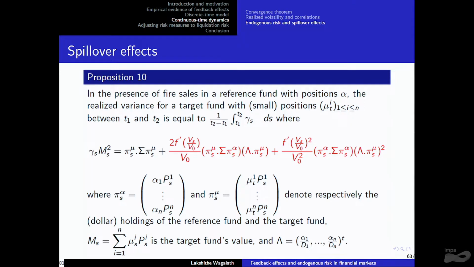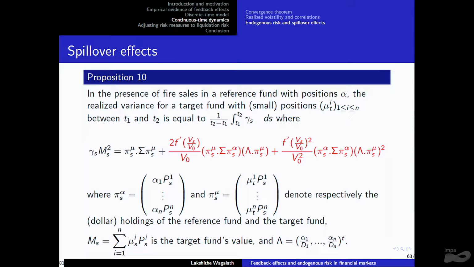So I'm looking here at a small fund with position mu. This fund is investing in the same kind of securities, and it turns out that another fund is liquidating assets. So fund alpha is liquidating assets, and I'm fund mu, and I'm just looking at what's happening.